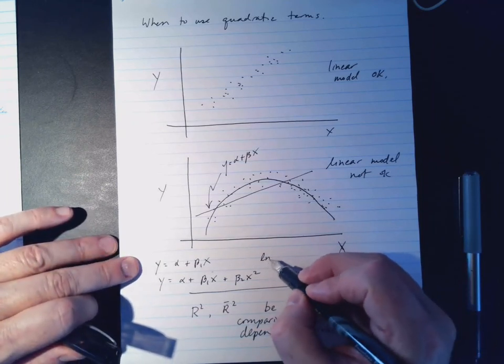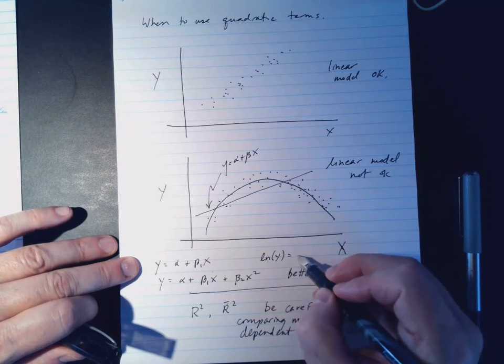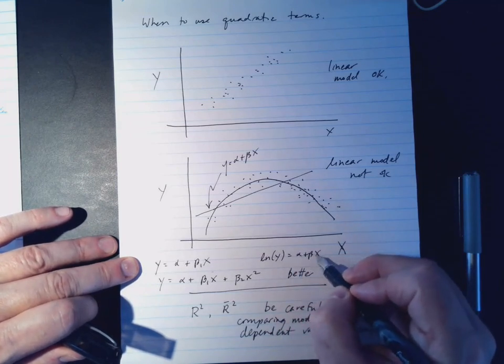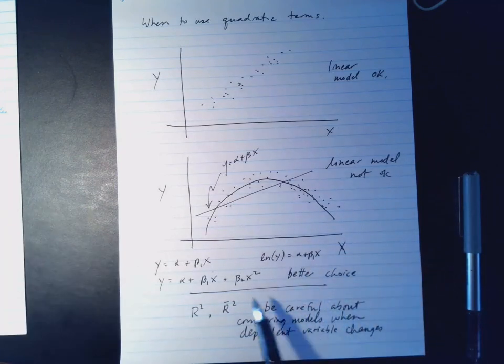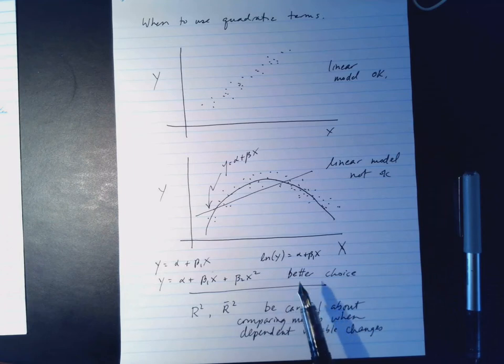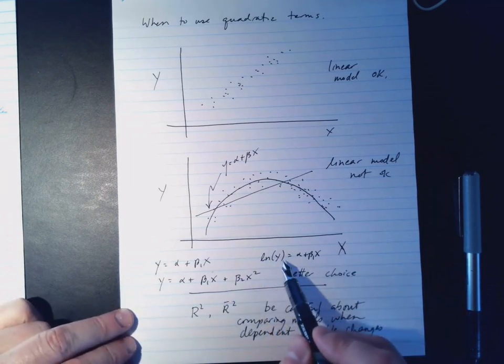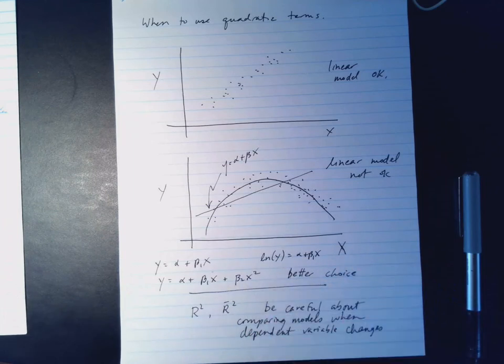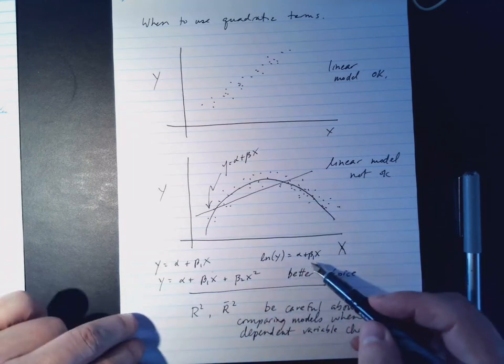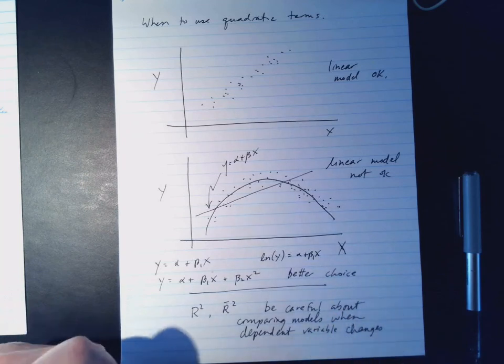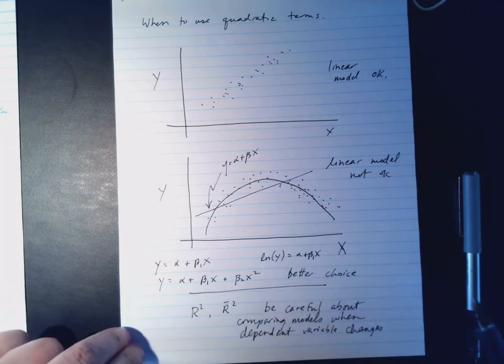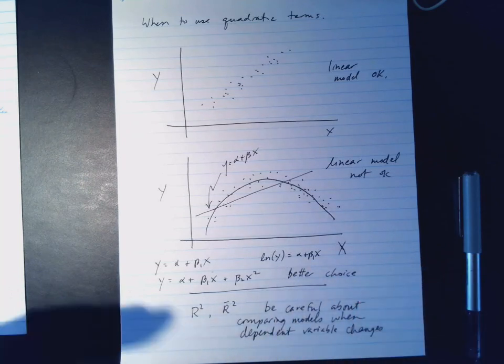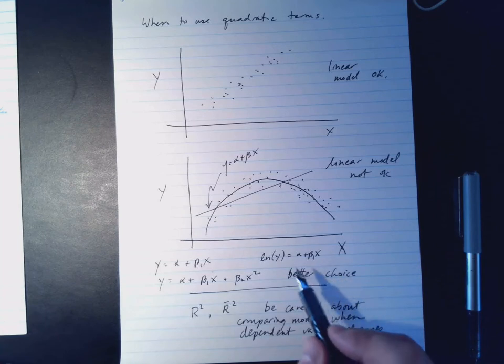But if you are comparing the log linear function, I can't use r squared for that, or r bar squared, because you've taken the logs here. That on its own changes r squared, even if in principle the two models fit the same. You would still get different r squared values. So you can't do that comparison using r squared.